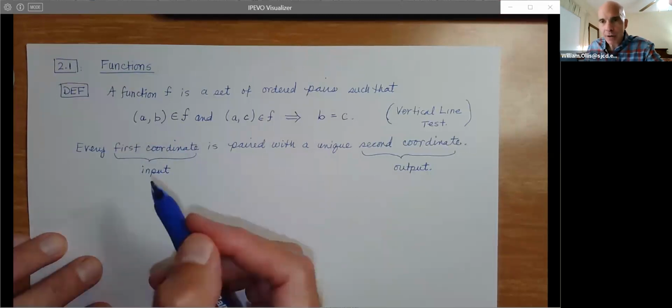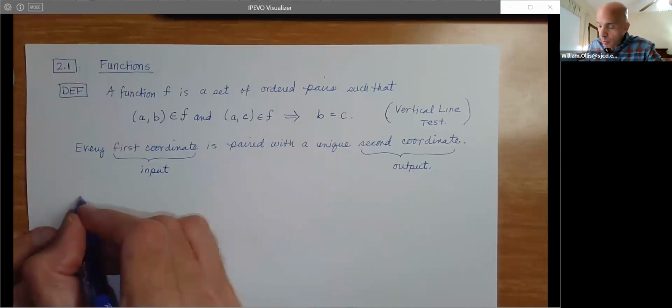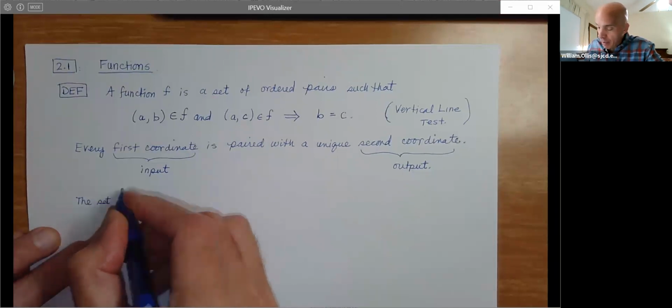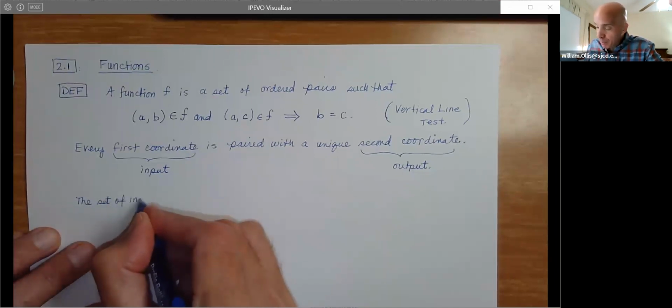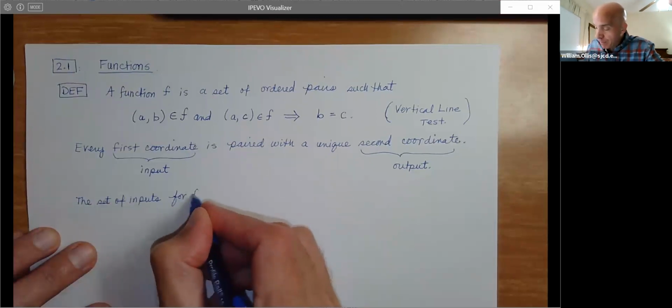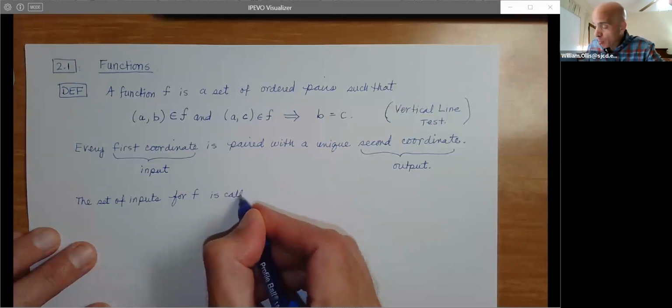Usually we have real-valued functions of a real variable, but just in the terminology, we will say the set of inputs for f, that is all the first coordinates, is called the domain.